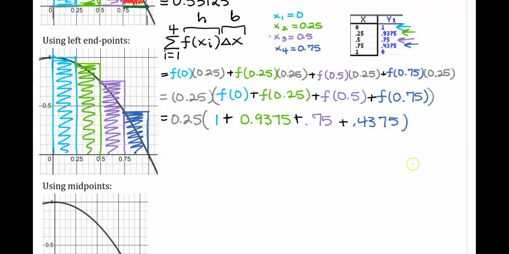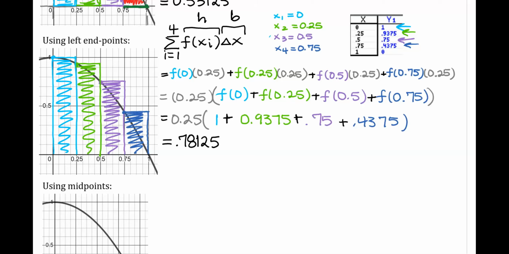And then I will put this into my calculator and see what approximation this gives me for the area. And the left endpoint approximation is giving me 0.78125.